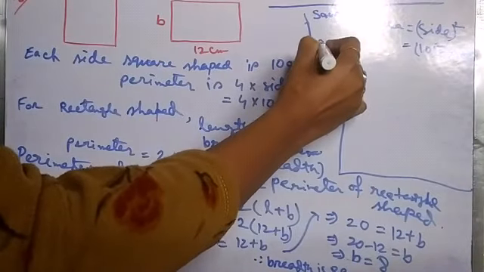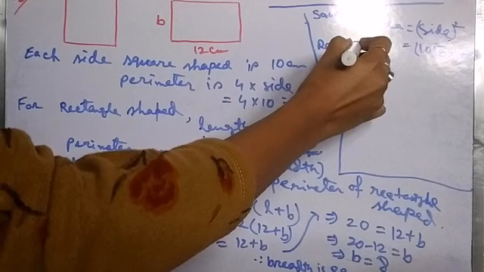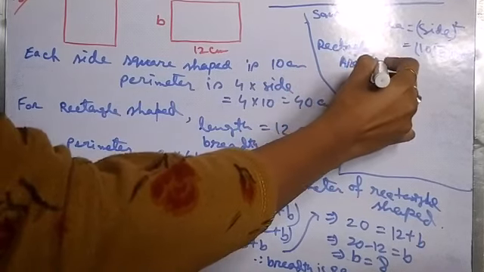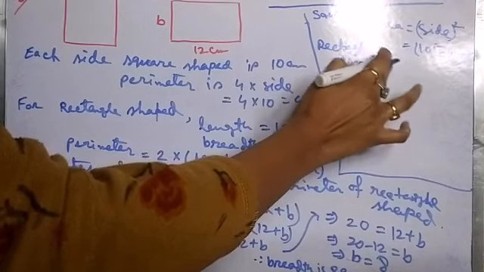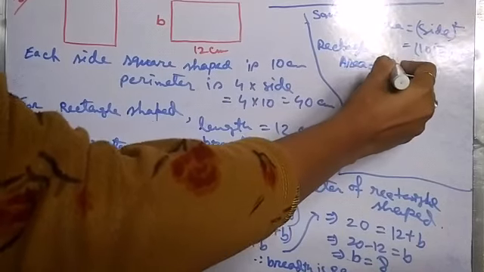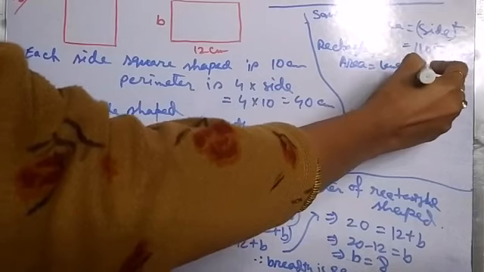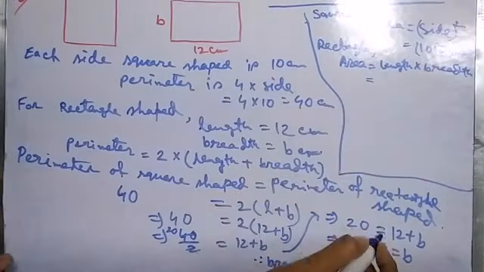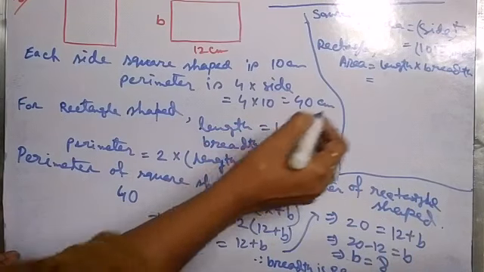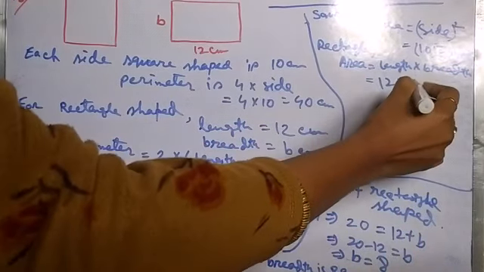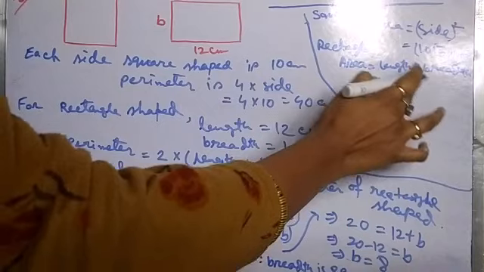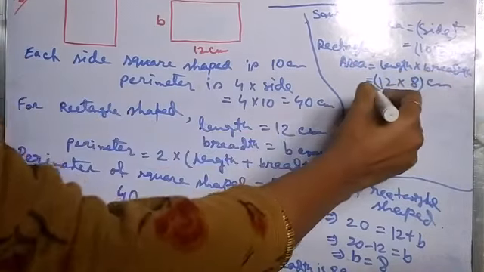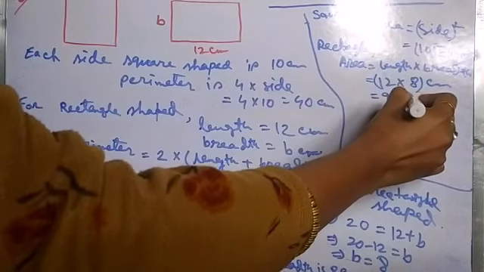For rectangle, area equal to length into breadth, equal to 12 centimeter into 8 centimeter, that means 96 centimeter square.